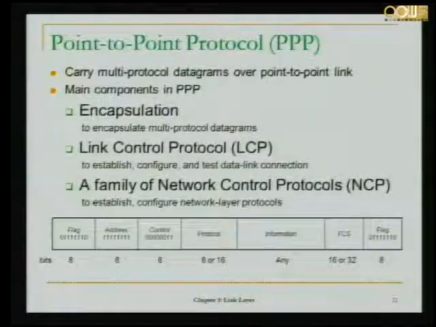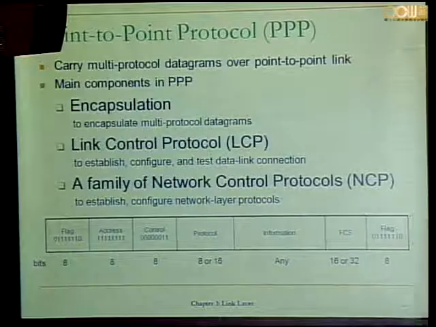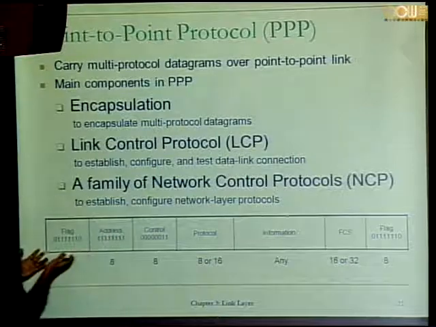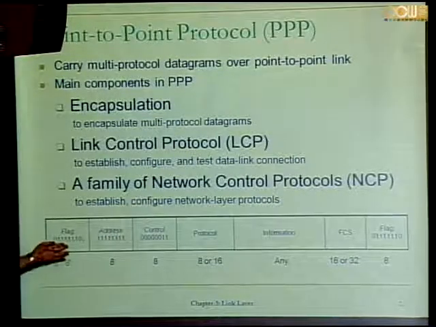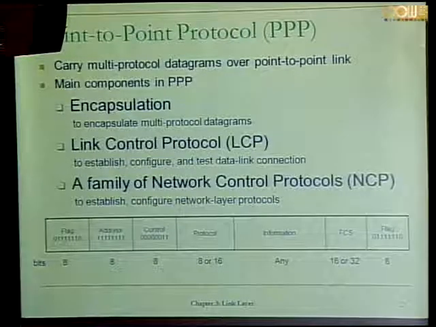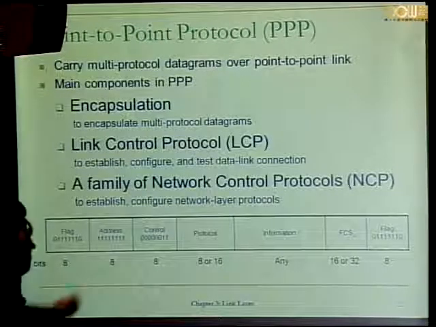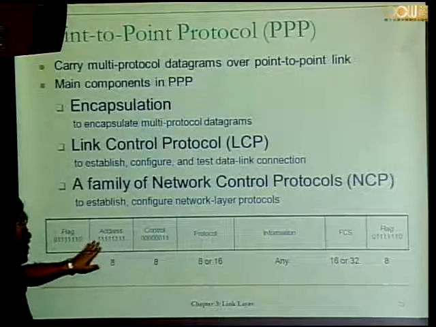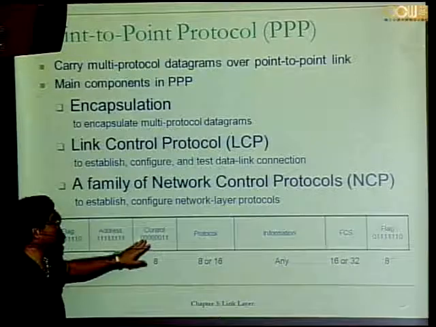Okay, when we move on to PPP, you will see the frame format is similar. However, they also use the special bit pattern, bit stuffing, to do framing. For framing, you still rely on bit stuffing. And the address is fixed. It's all 1s, so it's not used at all. And the control field is fixed.